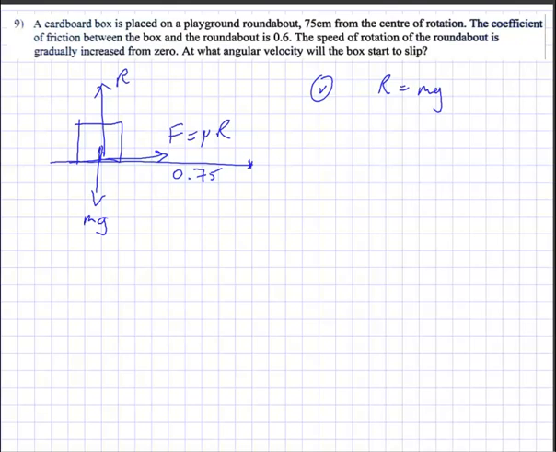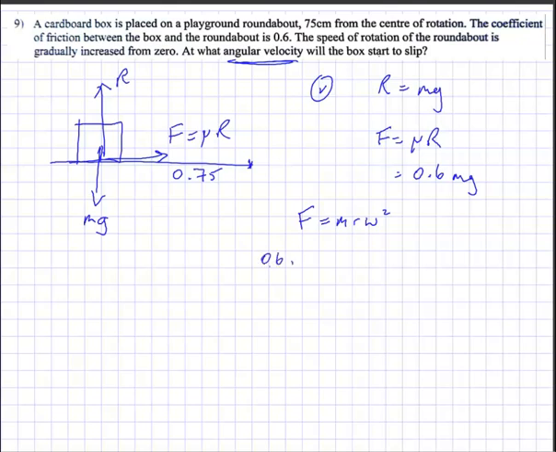Then horizontally, we can bring that expression in instead of R. So friction is mu times R. We're told that the coefficient of friction is 0.6. We have a normal reaction of mg, and the friction is the force that's effectively giving the centripetal force. We're being asked for the angular velocity here, so I'm going to use the fact that F equals mr omega squared.